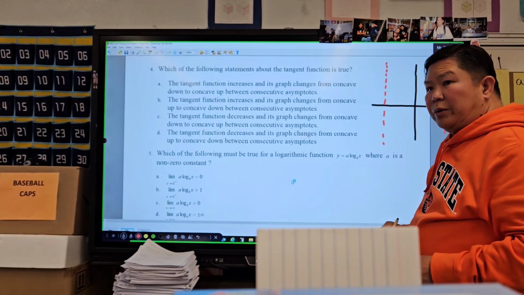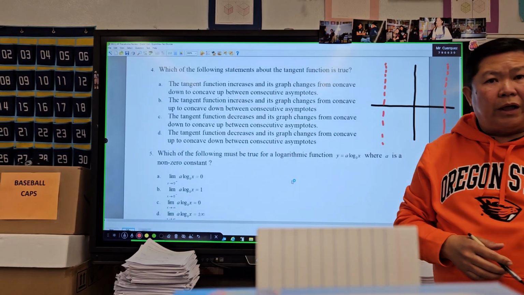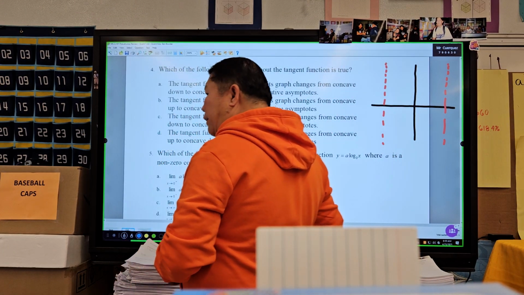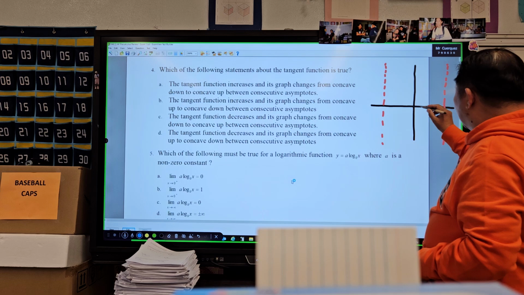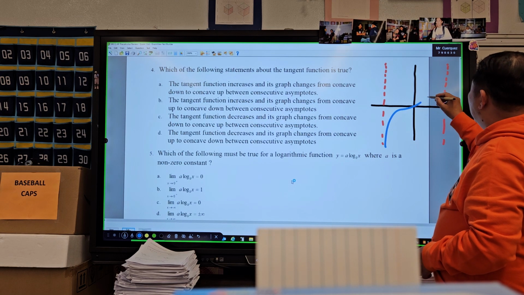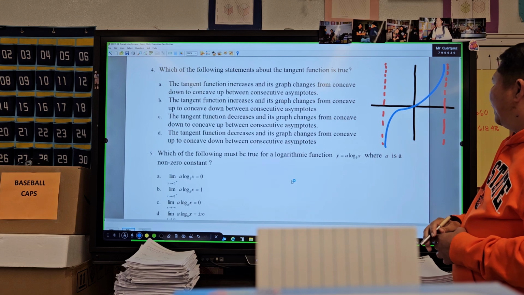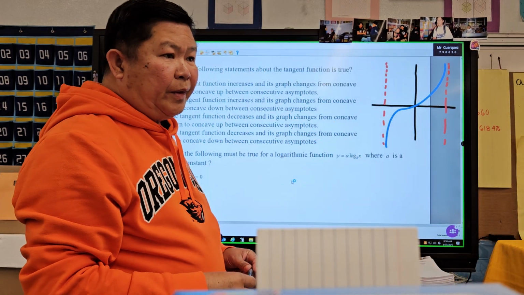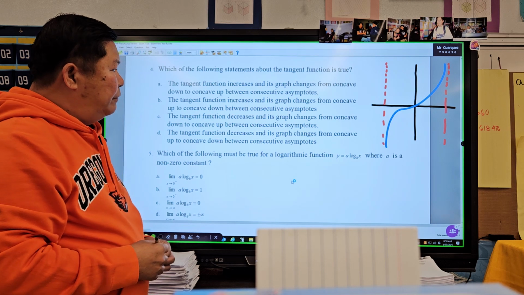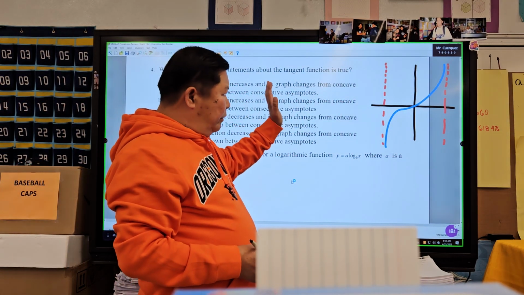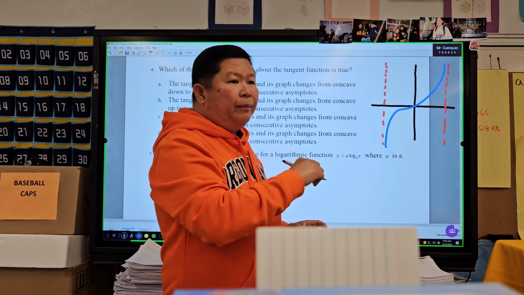And then the graph will cross right here at the origin. Okay, so that is the tangent function graph. Of course, if we continue on the left and on the right, we get the same pattern.